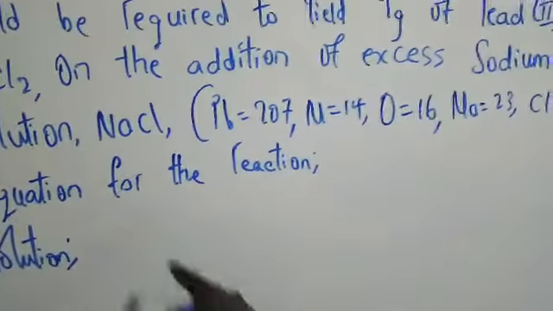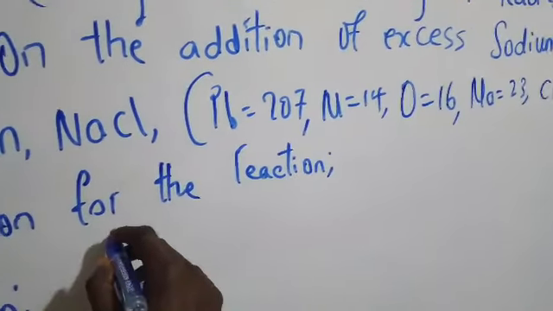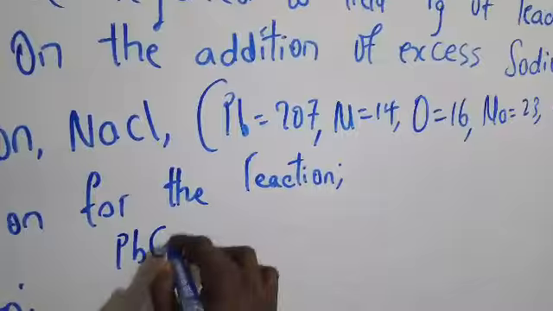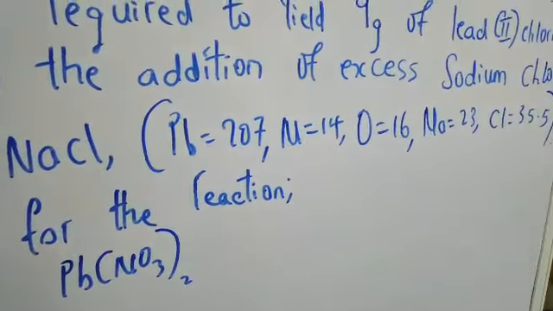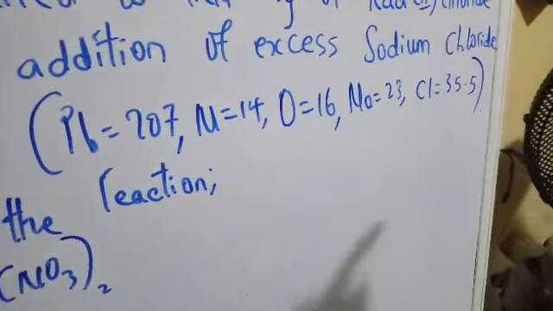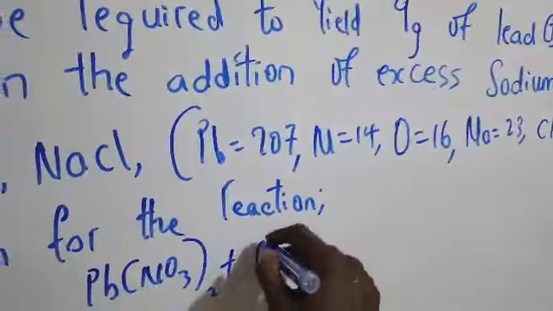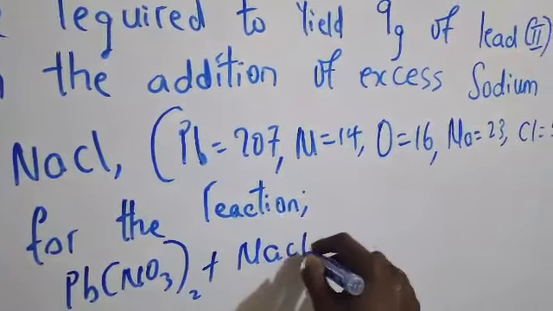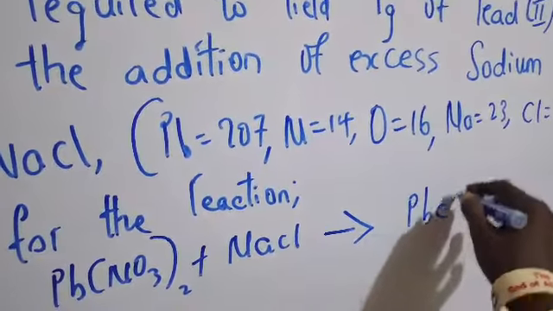A stoichiometry question actually requires the equation for the reaction. They said what mass of lead 2 nitrate, Pb(NO3)2, will be required to yield lead 2 chloride. That means lead 2 chloride will be in the product on the addition of excess sodium chloride, NaCl. We first write the PbCl2.